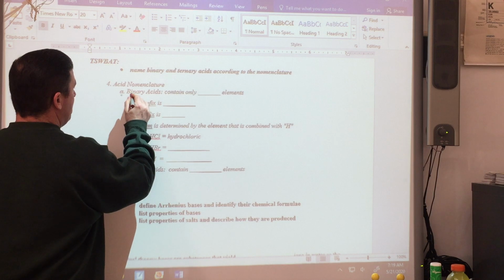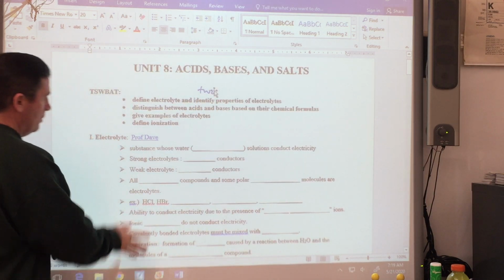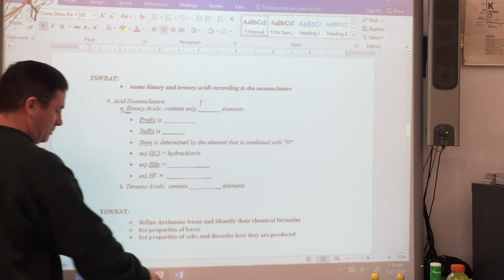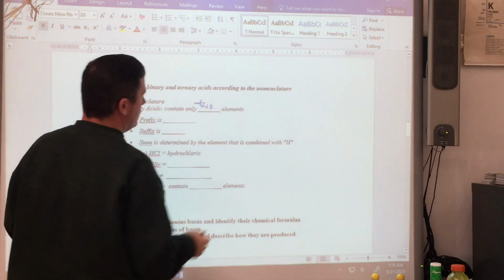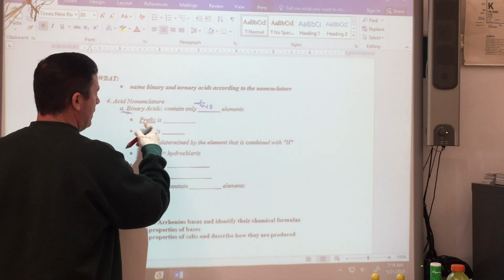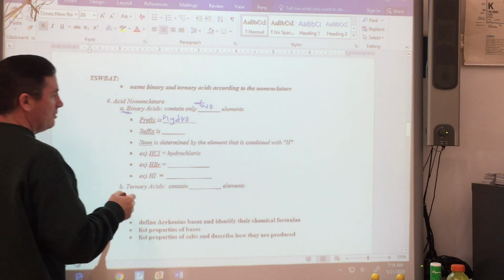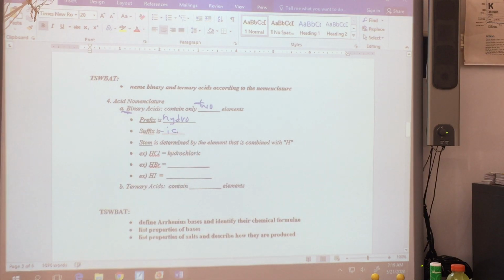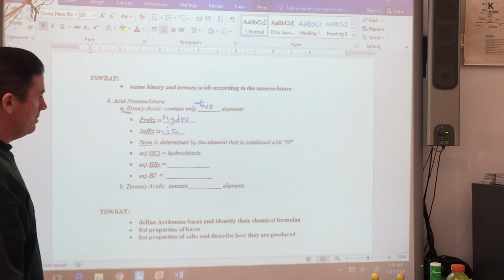Okay, binary acids, bi means two. Binary means two elements. So when you are naming a binary acid, the prefix is hydro. It starts your word with hydro, and the suffix is ic. The stem is determined by the element that is combined with the hydrogen.